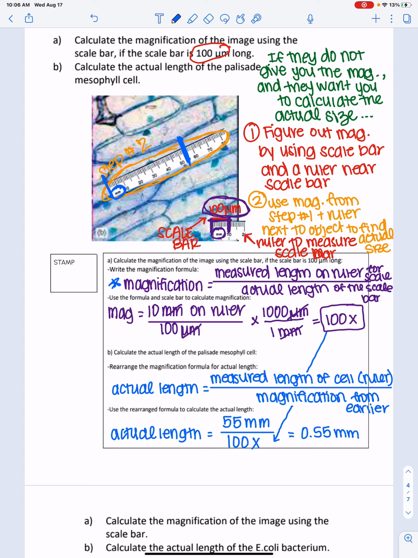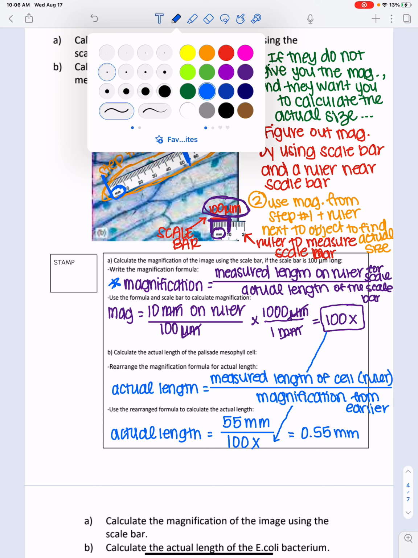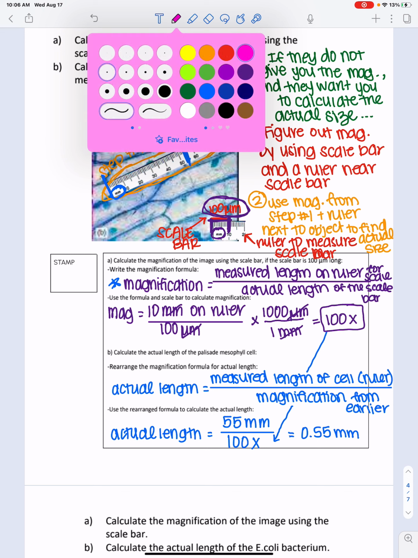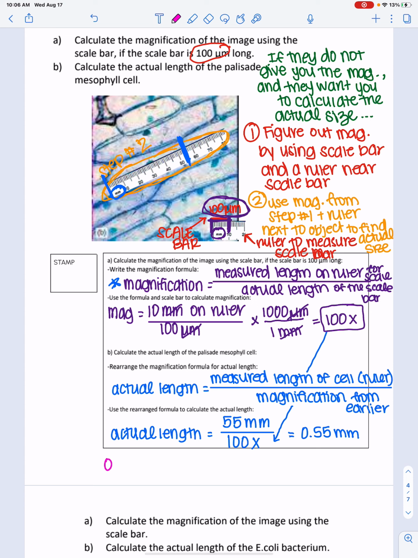But when we're looking at these images, we really don't want to have decimal points. So I'm going to go ahead and convert my units. I'm going to take 0.55 millimeters and change this over to micrometers. So 1 millimeter is 1,000 micrometers. These will cancel, and I'll be left with micrometers, and I'll have 550 micrometers.